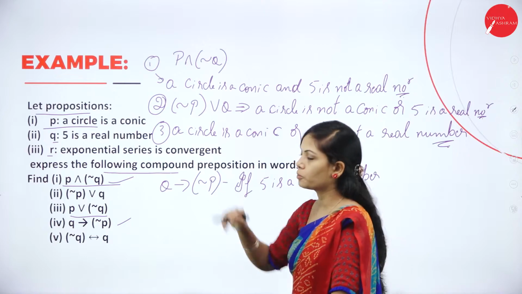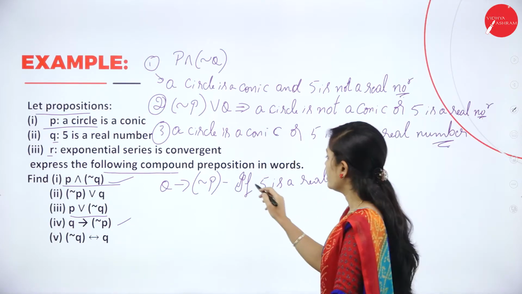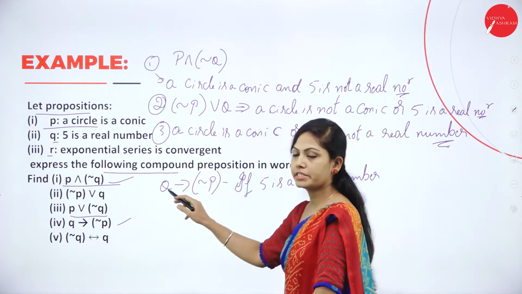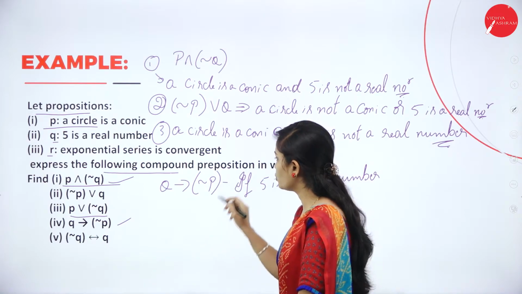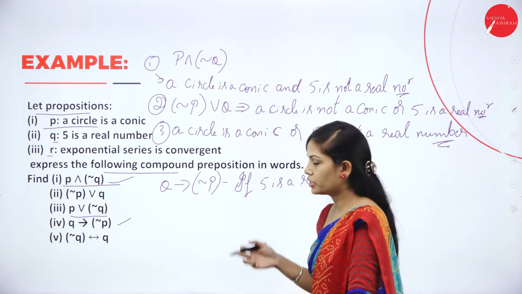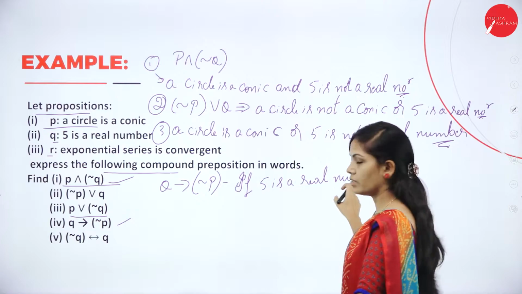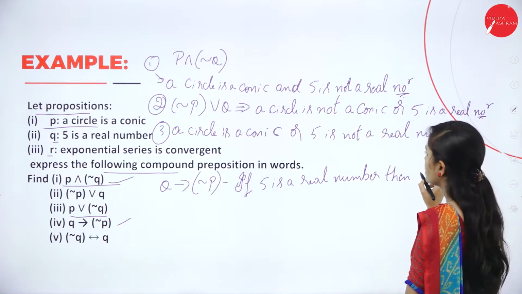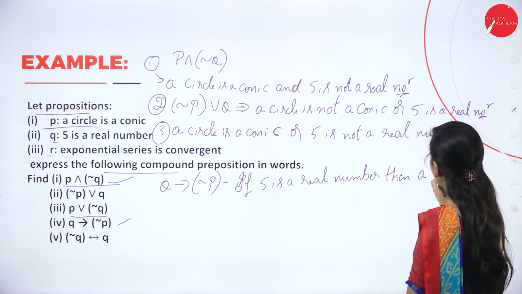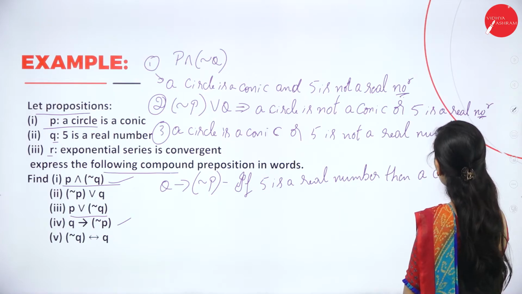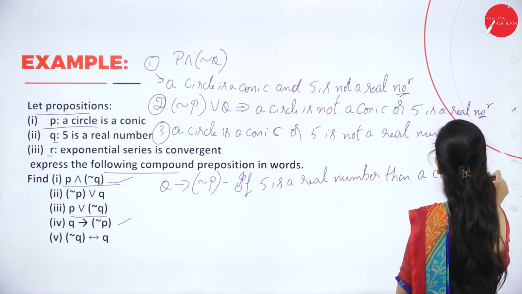Here we have to use if-then. If phi is a real number, then a circle is not a conic.